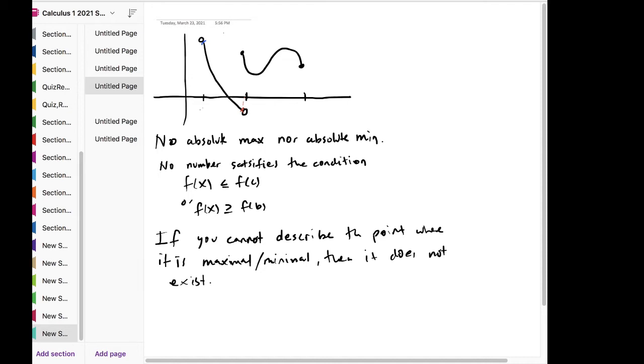Good, yeah, one, it's not a closed interval. So automatically it's not a candidate for the extreme value theorem. And what else makes it not a candidate? It's not continuous, right?